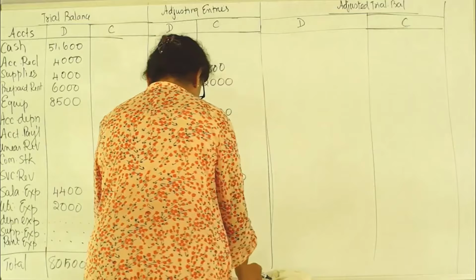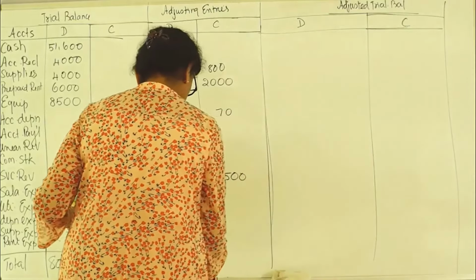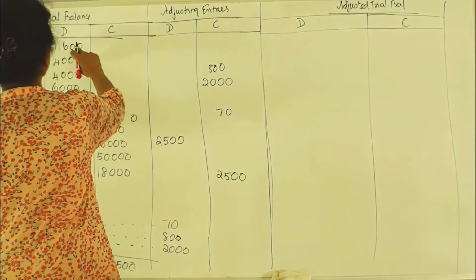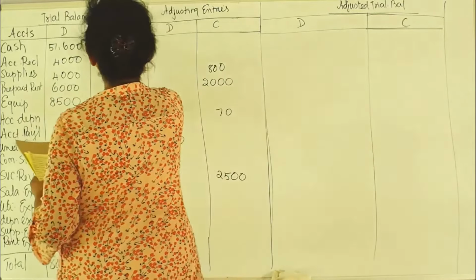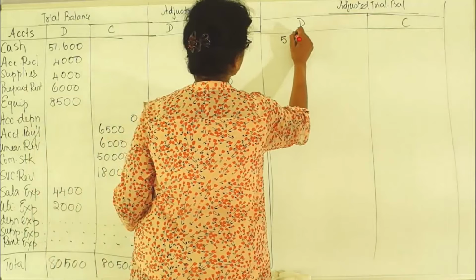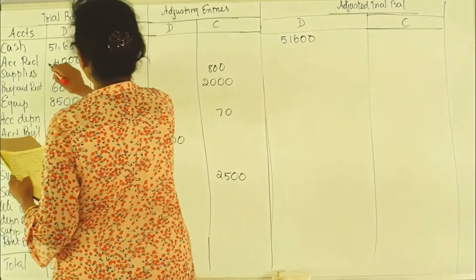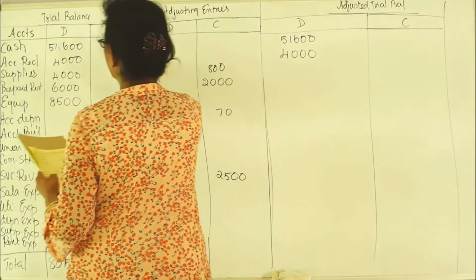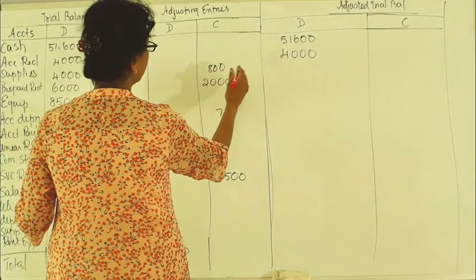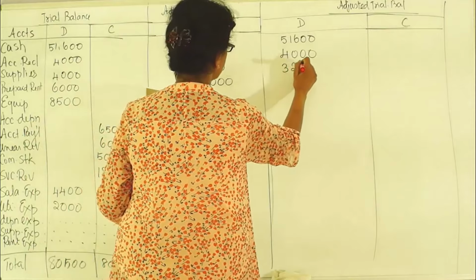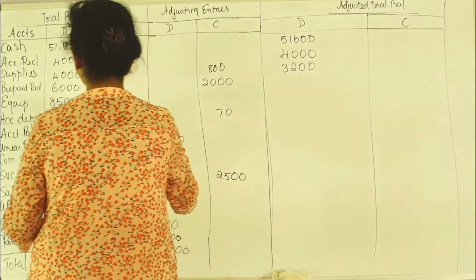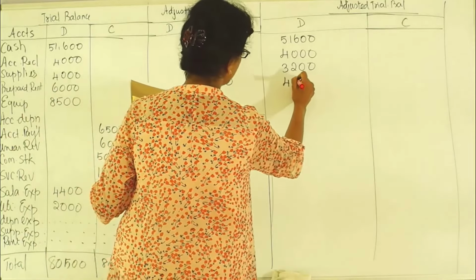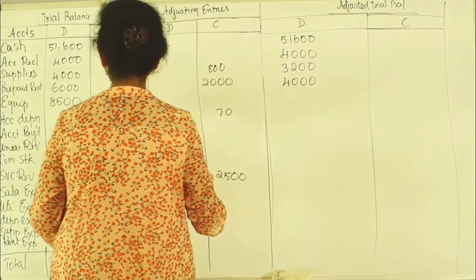So here cash is not involved in the adjusting process. So here the cash adjusted trial balance is 51,600. Accounts receivable did not change, 4,000. Supplies decreased by 800, so the new balance is 3,200. Prepaid rent decreased by 2,000, so the new adjusted balance is 4,000.